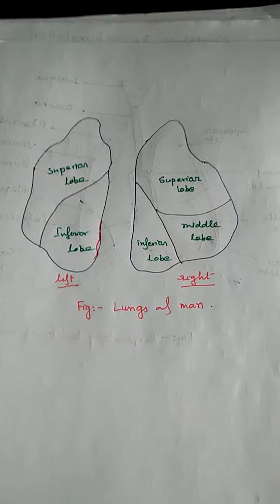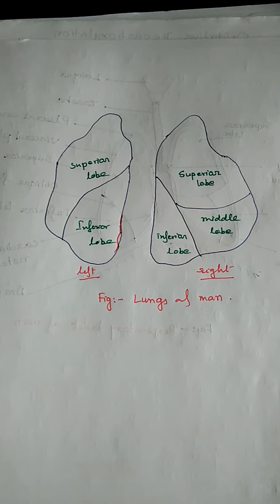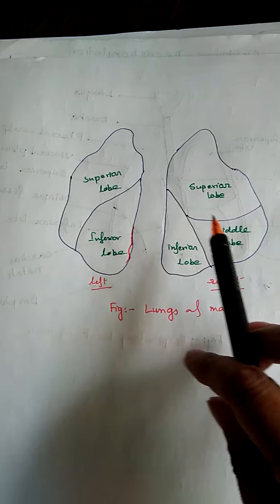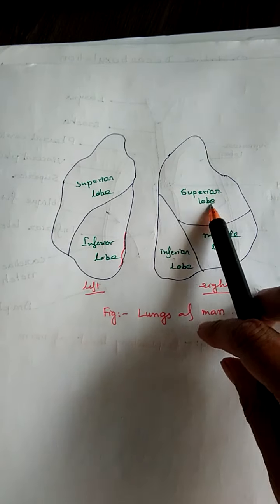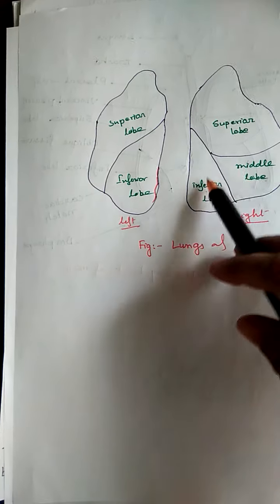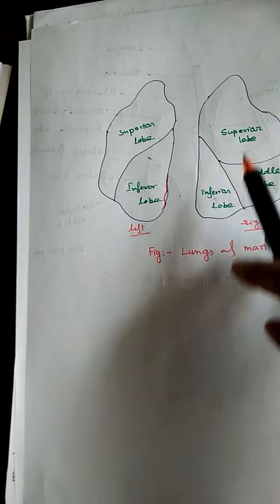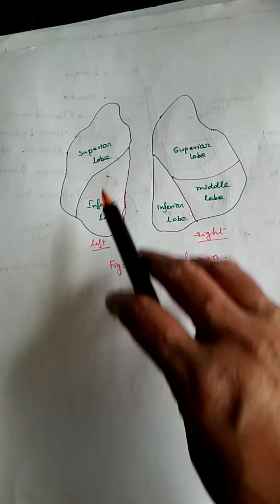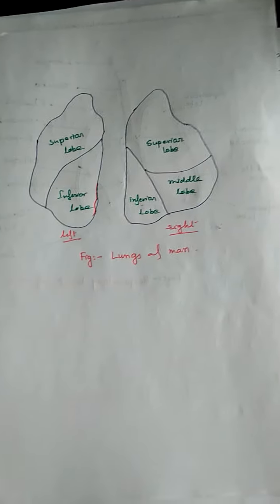Okay. So see the structure of the two lungs. Now this part is right and left. The right lung has three lobes: superior, middle and inferior. But in case of the left one, there is a superior lobe and an inferior lobe.